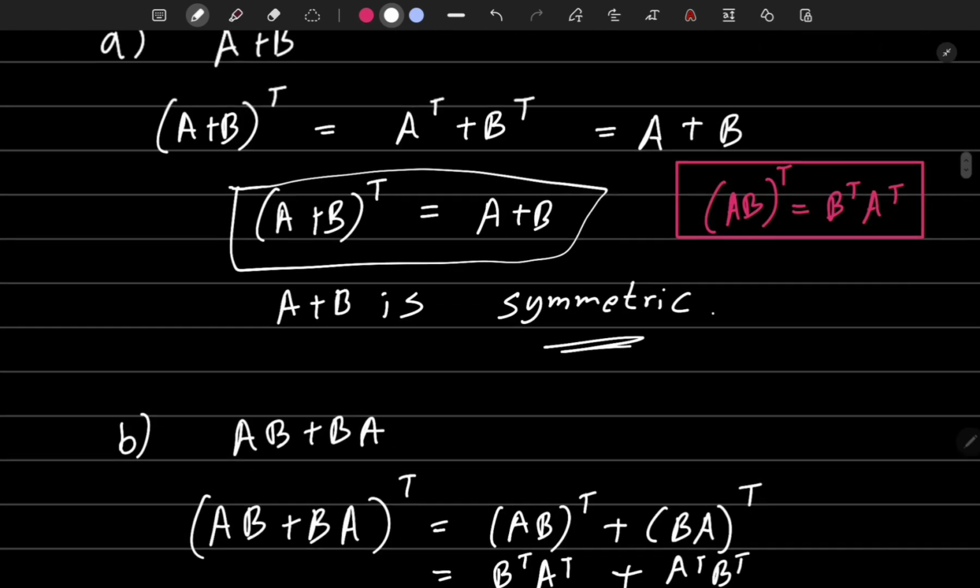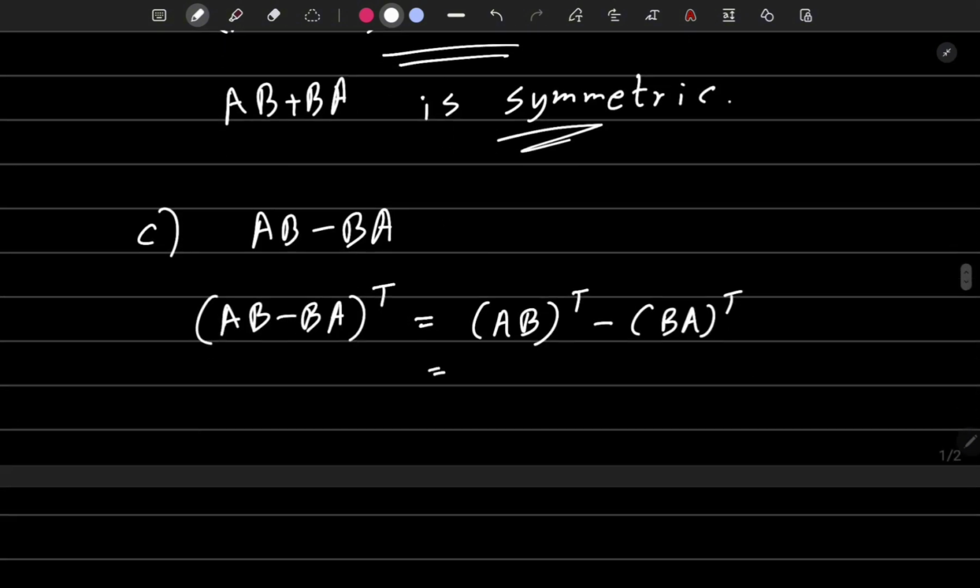According to this theory part, these two are switching, so now firstly this is going to be B. B transpose A transpose minus A transpose B transpose.